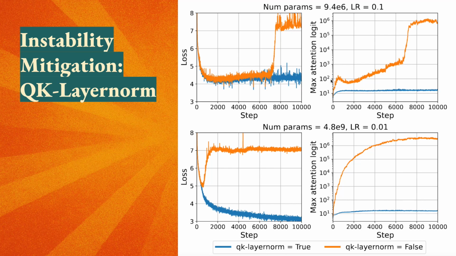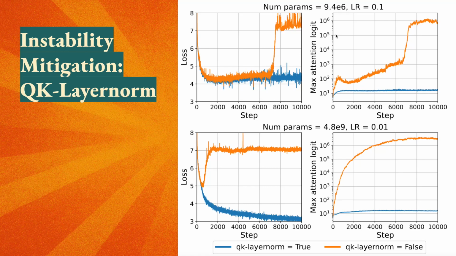When we're not applying QK-layernorm, the attention logit value spikes up to 1,000,000 after 10,000 training steps. When we do apply it, the max attention logit value stays at 10. We can also see that when the attention logit spikes, when it goes past 1,000 and enters that 10,000 range, that's when the eval loss really gets worse.